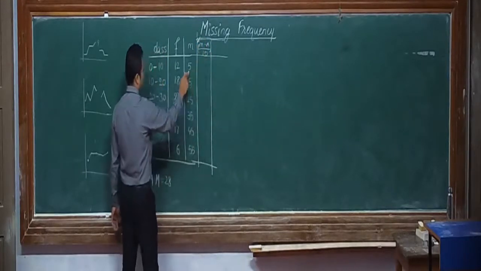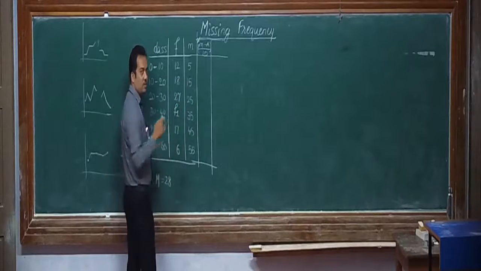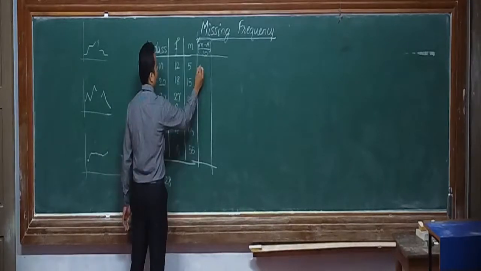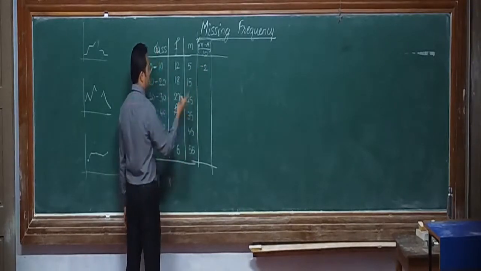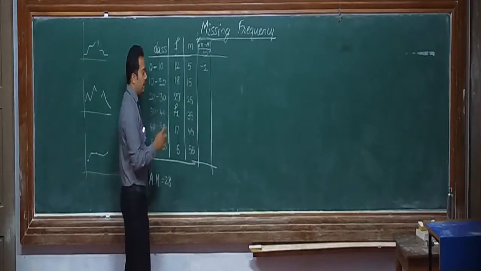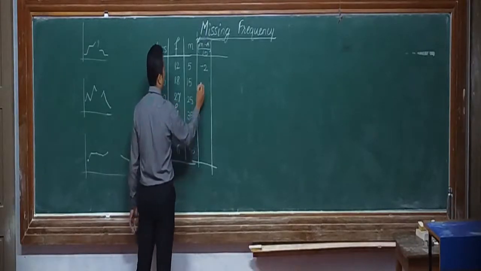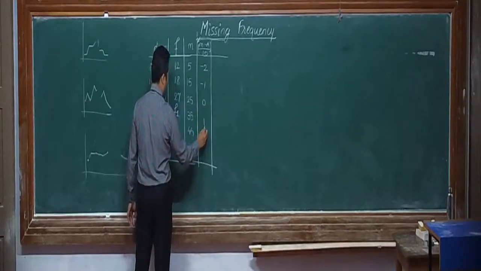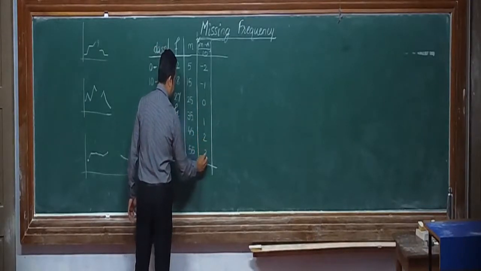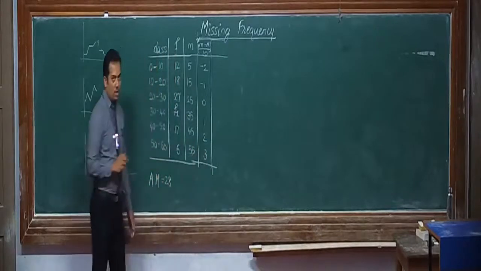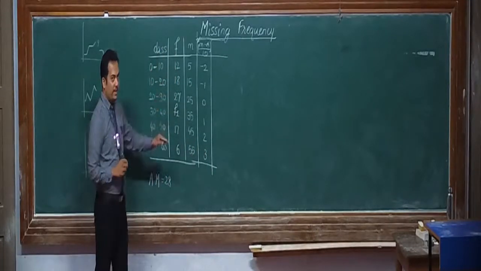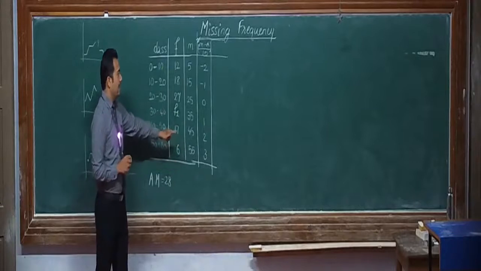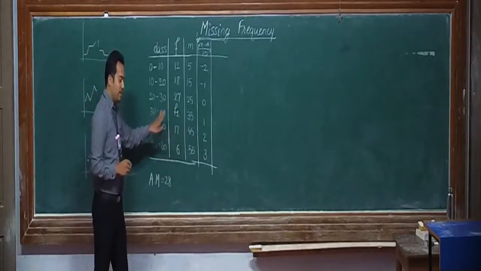So 5 minus 25 is minus 20 divided by 10 gives you minus 2. 15 minus 25 is minus 10 divided by 10 gives you minus 1. So this will give you 0, then this will give you 1, then 2, and then 3. Okay, so my x dash is ready. Now all these values of x dash I have to multiply with frequencies.